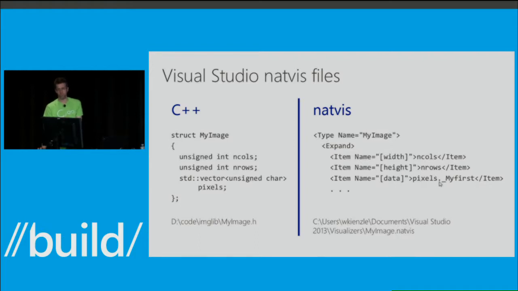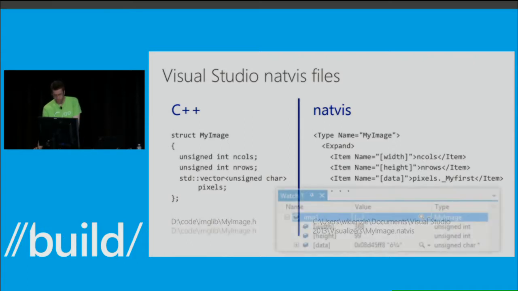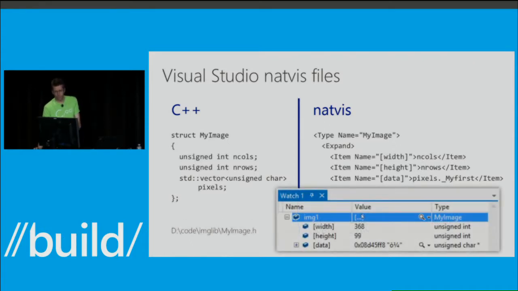Or I want to take pixels._my first and display it as data. So pixels._my first is in the std vector, which is what pixels is. It's just the data member that points to the first element in the vector. So when you look at this in the watch window, you will see this, right? Width, height, and data instead of number of columns, number of rows, and pixels.